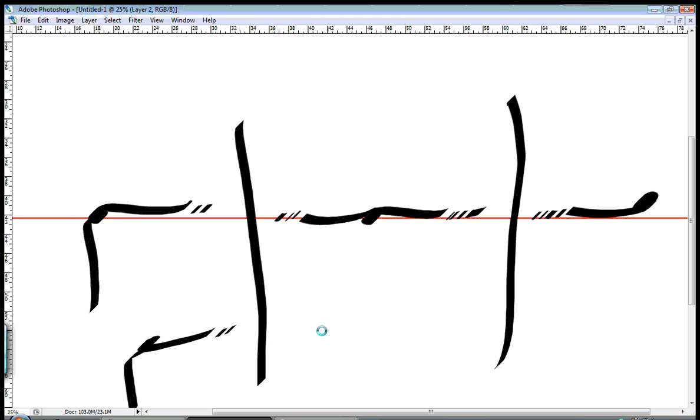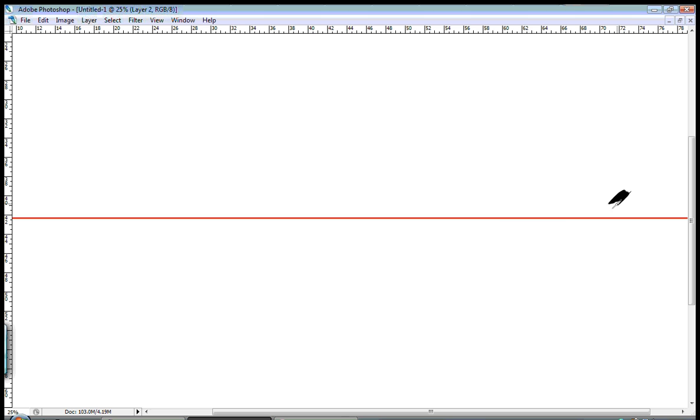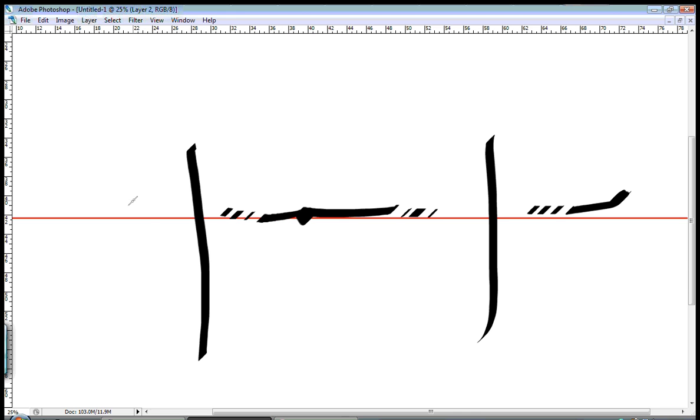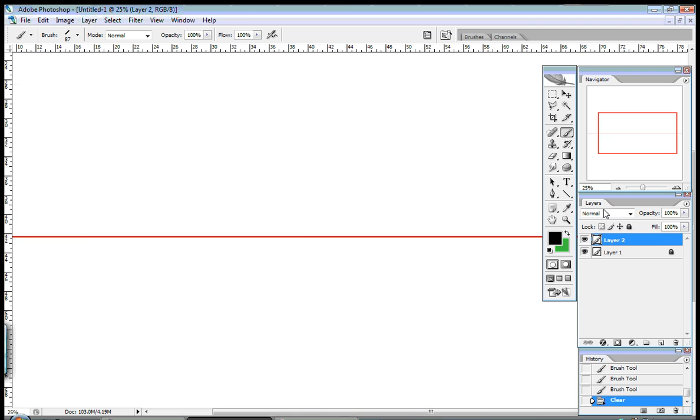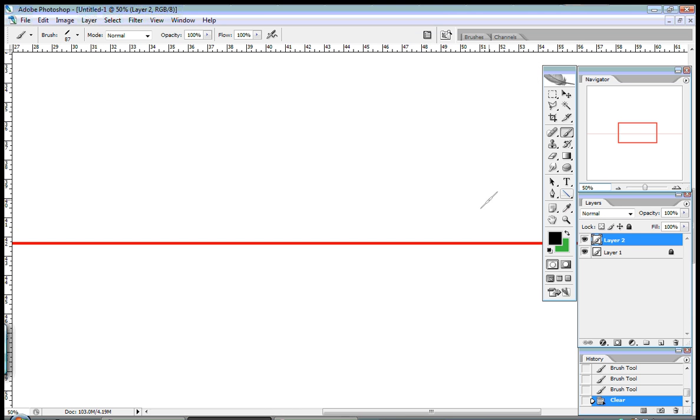No, not this way. Anyway, so one way is like this. Another way is just like that. I hope it's clear. So these are two ways of writing the meem in a word.